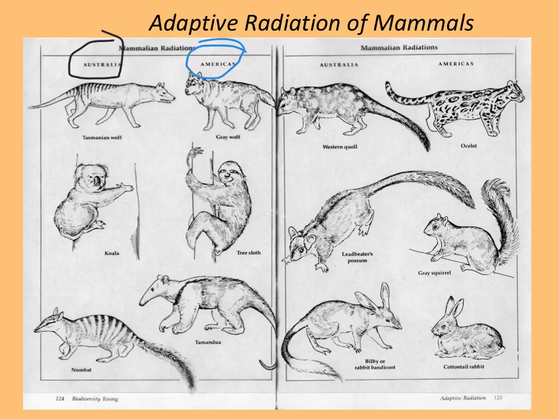The thing is, Australia and the Americas, North and South America, have been separated since the first mammals showed up. Okay, so there were mammals already there, and the ones in Australia were off by themselves, and the ones in North America were off by themselves. Is it kind of like the example of the lizards, when they're separated, they turn into two different species?